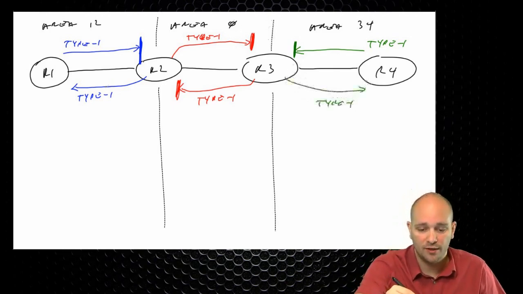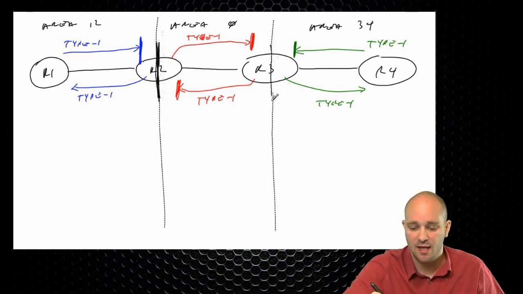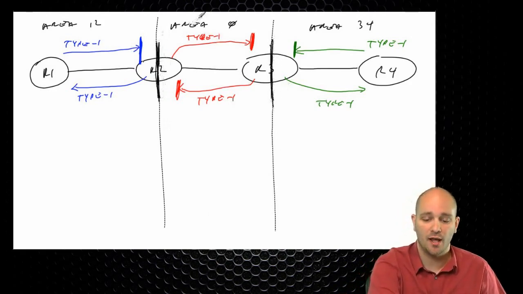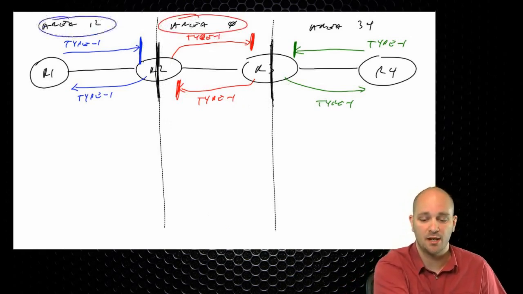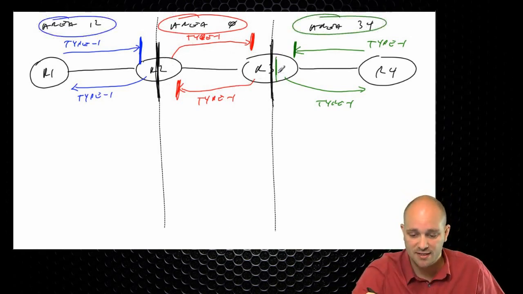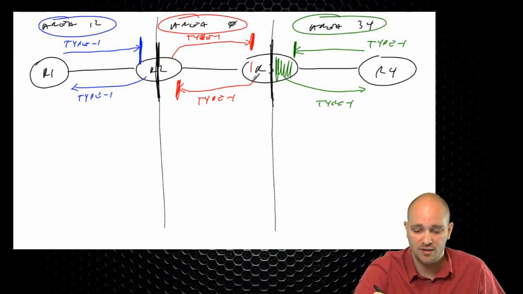Important thing to note is that on R2 there are 2 separate databases, and so on R3. The database for area 0 is separate from the database in area 12, and here for area 34. So this is the green database, this is the red database.